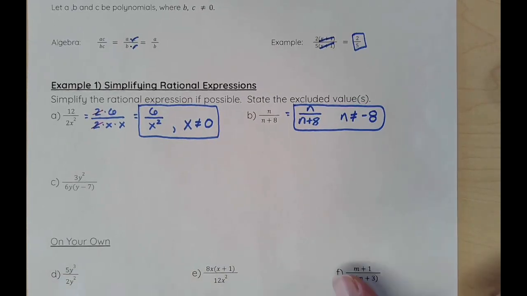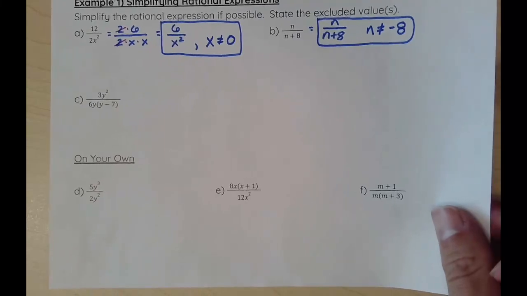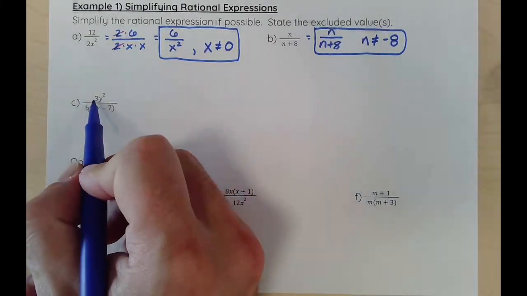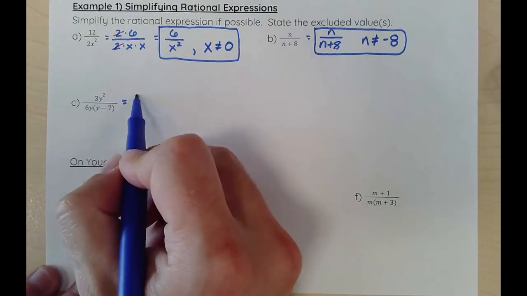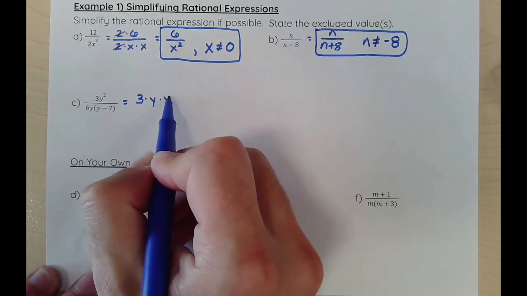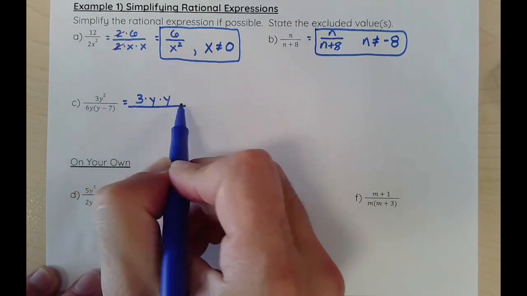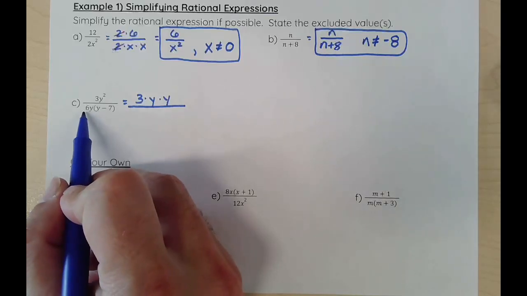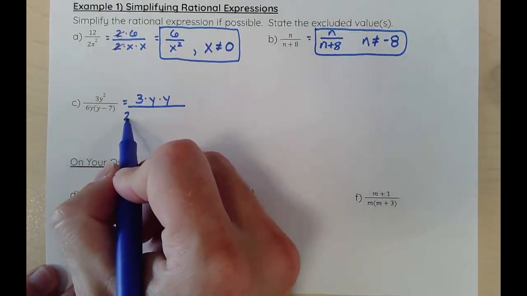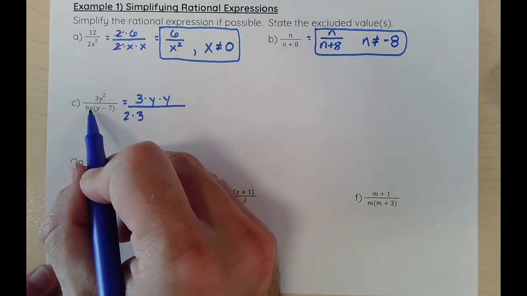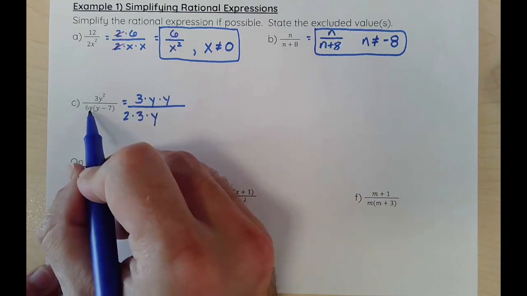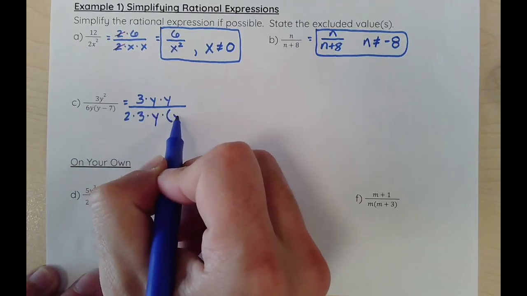Let's look at C. The top I can rewrite as 3 times y times y. The denominator, I could rewrite the 6 as 2 times 3. Then I have this y, and then I have y minus 7.